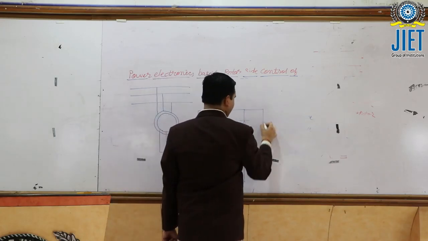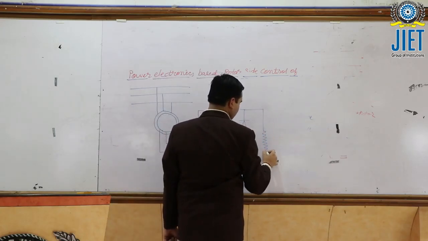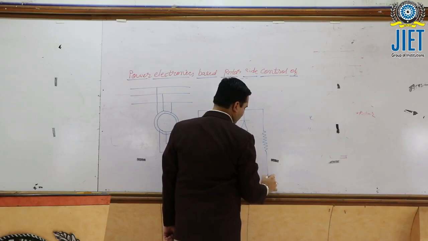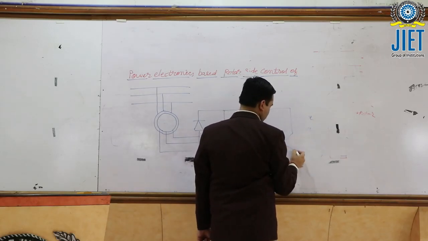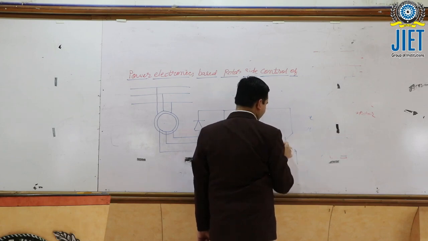Now we'll connect a resistor here, then a transistor chopper. This is the transistor based chopper.